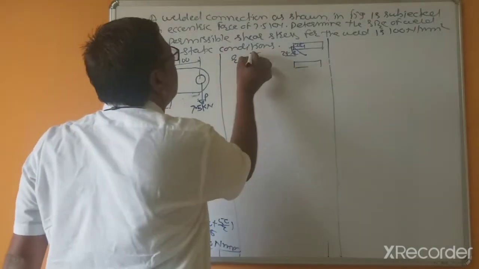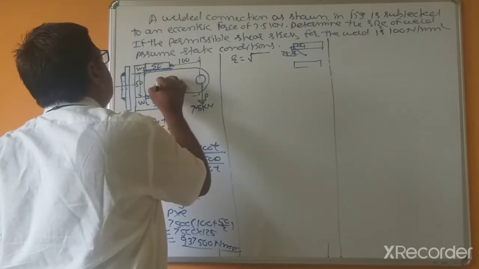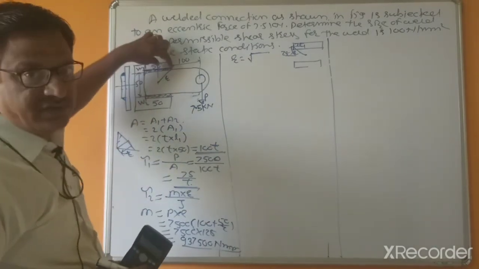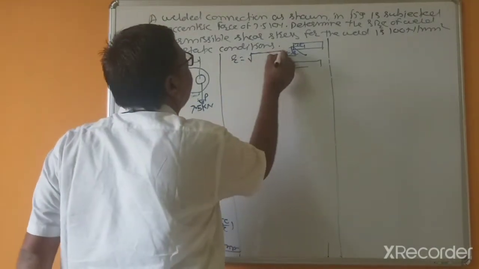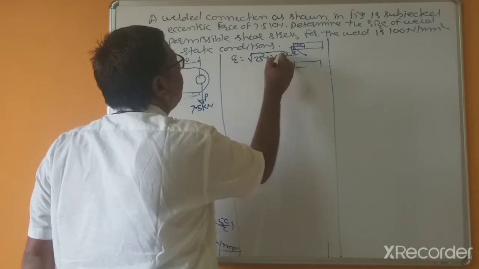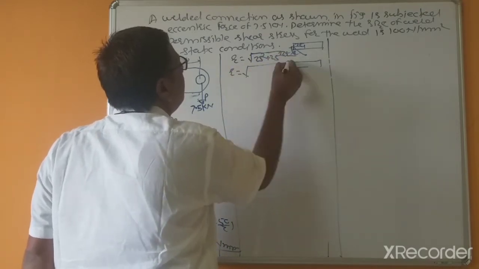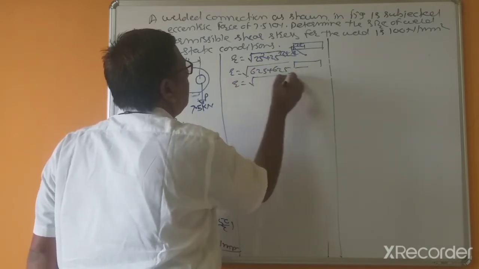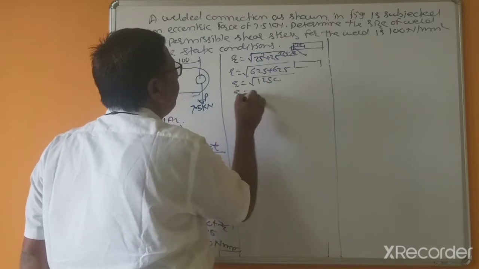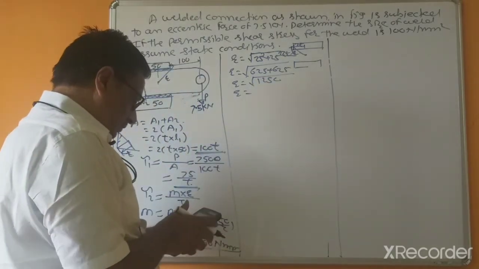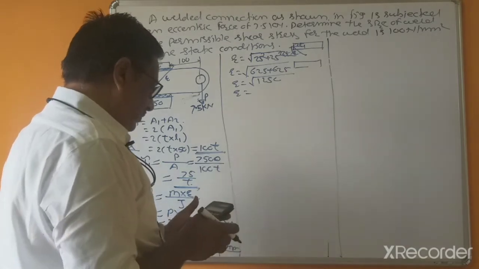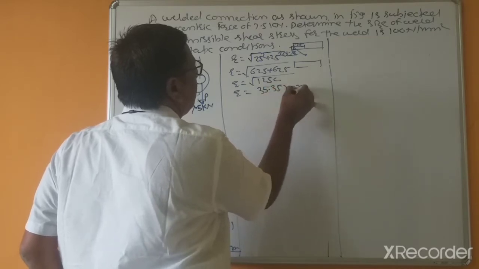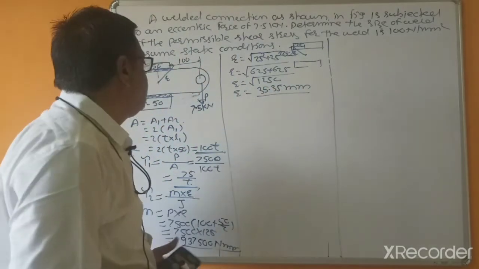That's why R equals under root of 25 squared plus 25 squared, 625 plus 625, which is 35.35 mm, and this is the farthest distance.